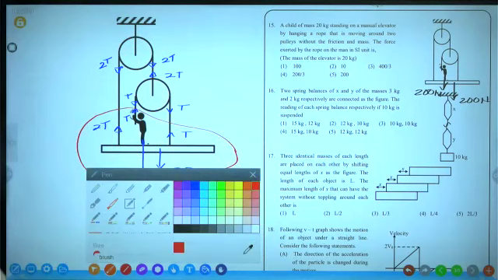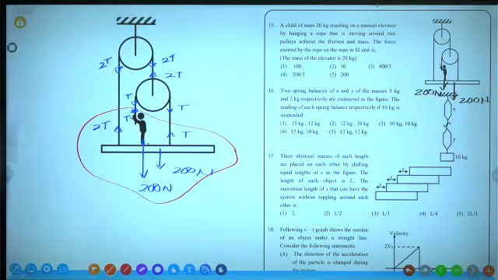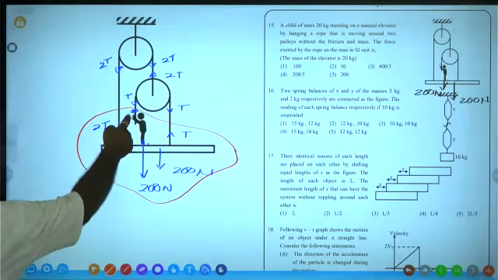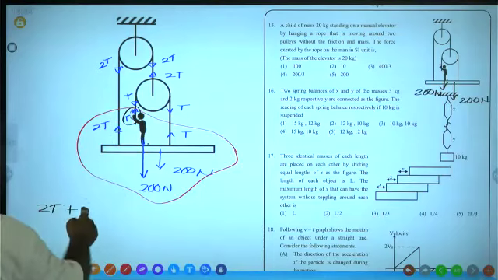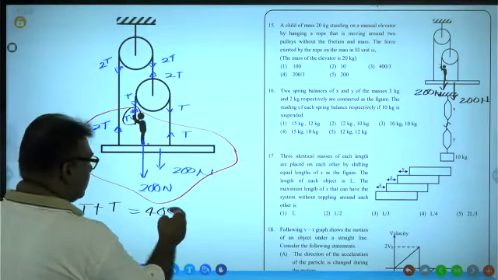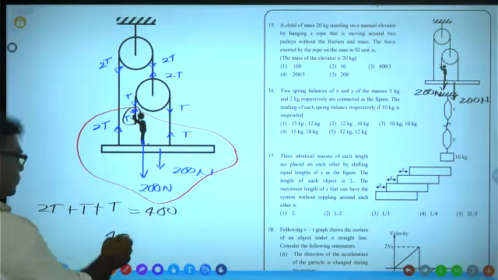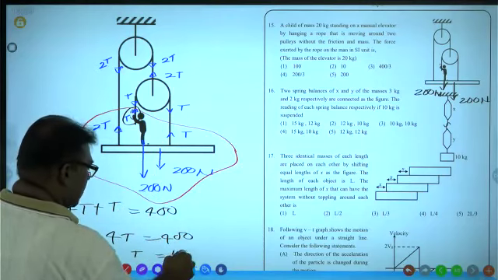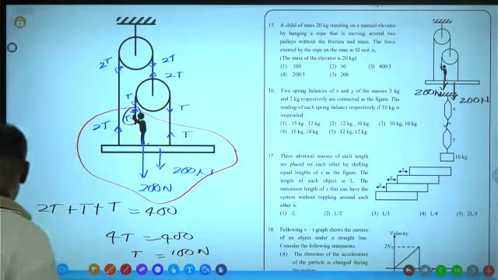Then upward we have 2T, upward we have T from here, and upward another T. We take only the forces inside the patch marked in red. Equal to 400 Newton. Then 4T equals 400. Then T becomes 100 Newton.